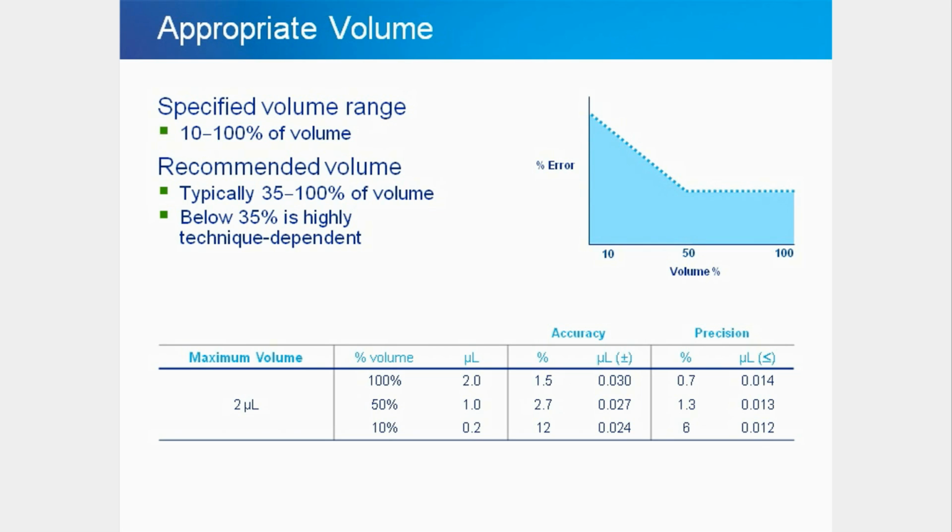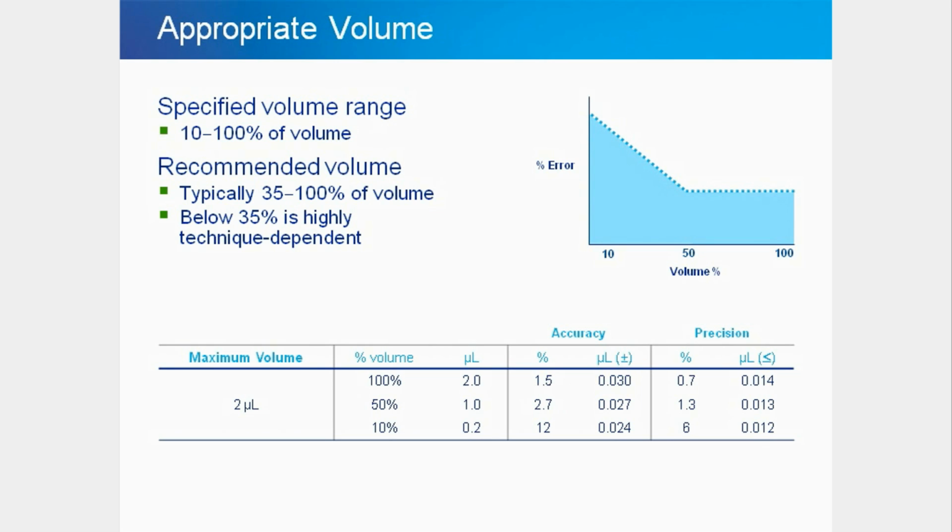But if you were to dial the volume setting to 0.2 microliter, which corresponds to 10% of nominal, the inaccuracy specification would be more than 4.5 times greater, actually 12%. Using this pipette at these lower volumes requires you to be aware of inaccuracies and adjust your techniques accordingly.